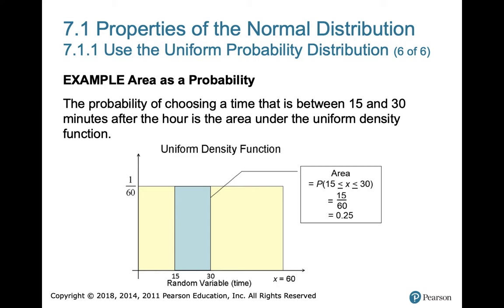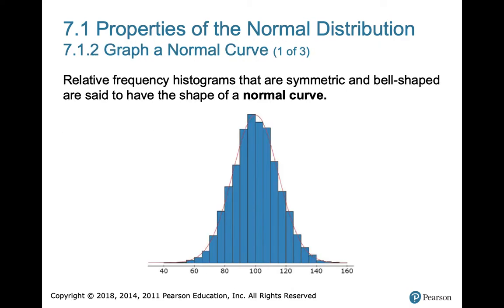So I can find the probability between 15 and 30. And so the length from 15 to 30 along our x-axis would be 15 times the 1/60th if we do again, area of a rectangle, length times width, and so we get 25%, or 0.25 is our probability that that package would arrive within those 15 minutes, and we could end up missing delivery if we choose to run that errand.